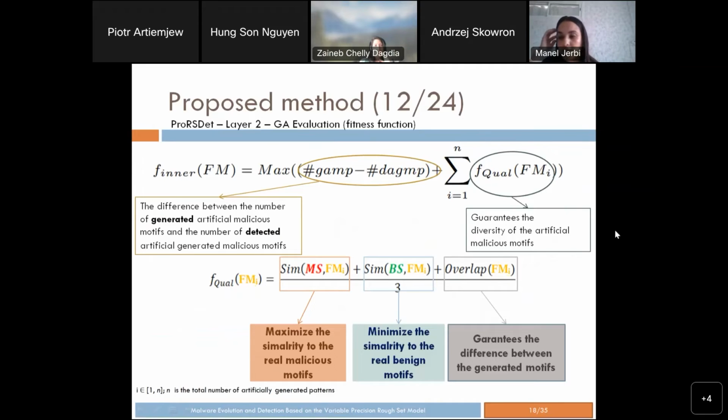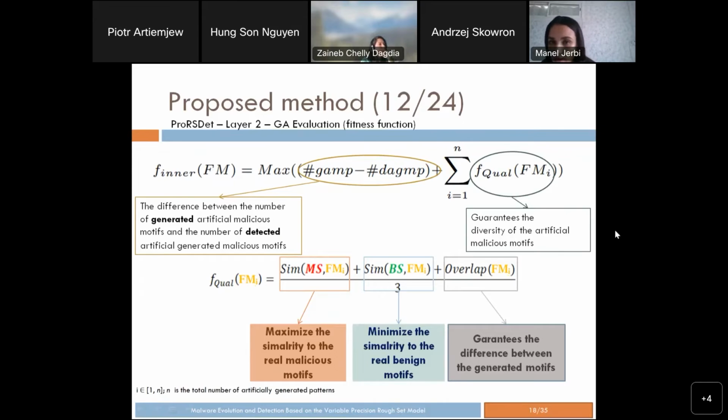To ensure its selection task, the GA uses a fitness function named F-inner and tries to maximize two metrics. The first one calculates the difference between the number of generated artificial malicious motives and the number of detected artificial malicious motives.